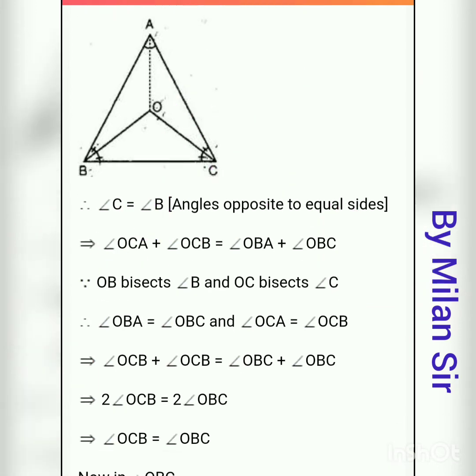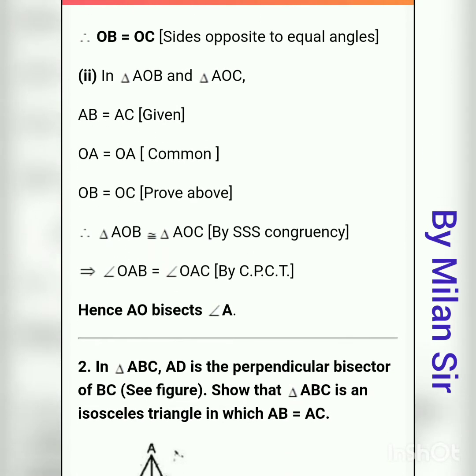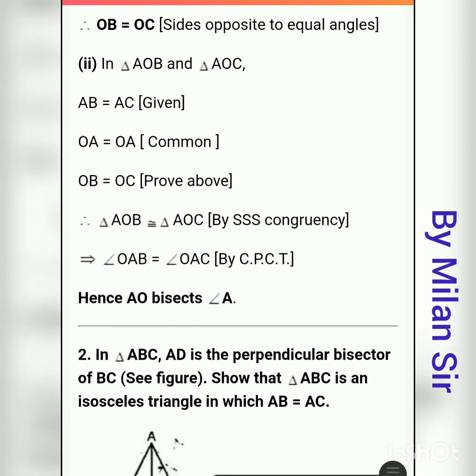Okay, so that is written here. AB equals AC, it is given. OA is a common side and we already proved OB equals OC. So triangle AOB is congruent to triangle AOC. Also we need to maintain the sequence.